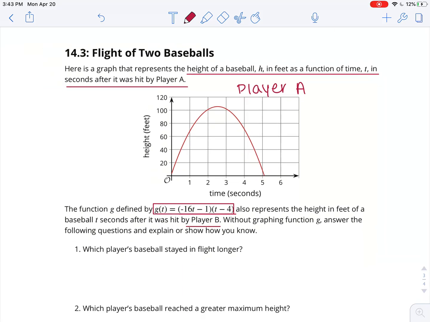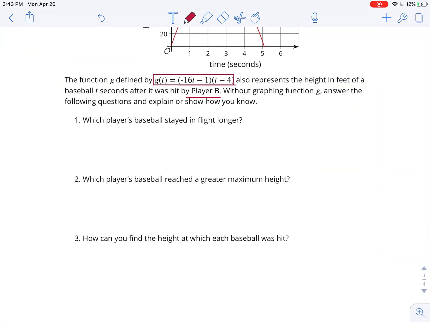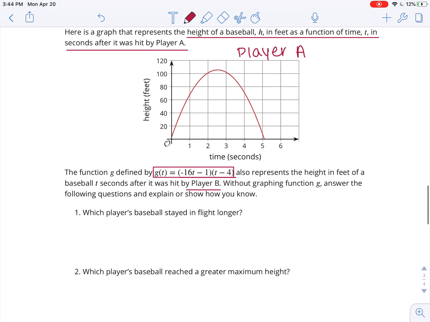So take a few minutes and see if you can figure out: 1, which player's baseball stayed in flight longer; 2, which player's baseball reached a greater maximum height; and 3, how can you find the height at which each baseball was hit? And remember, you're comparing the graph for player A to the equation for player B. So pause the video and press play when you're ready to check your work.